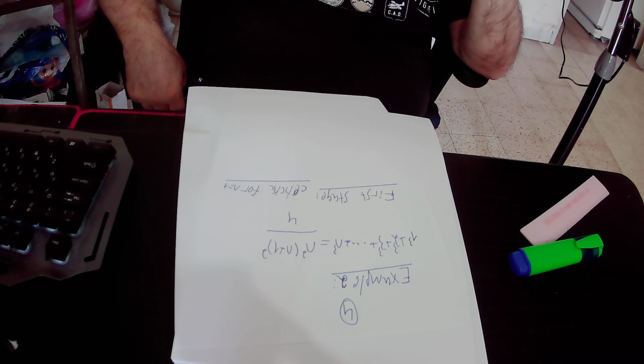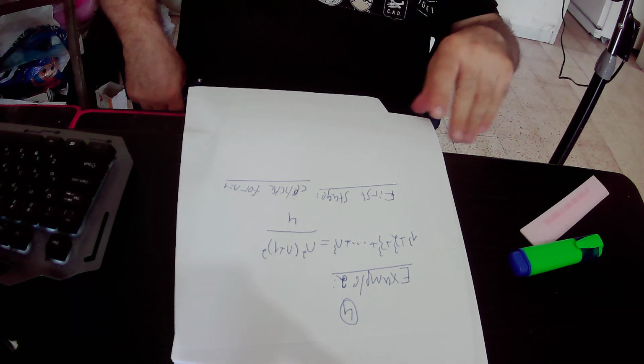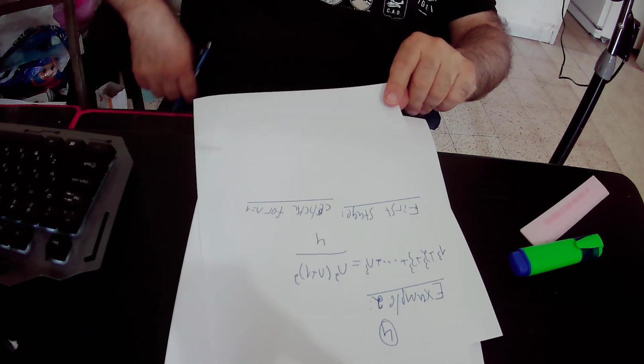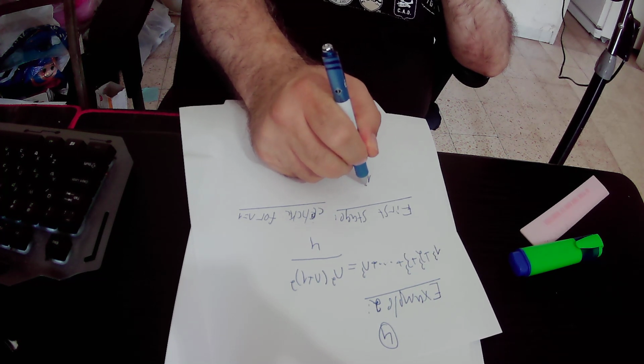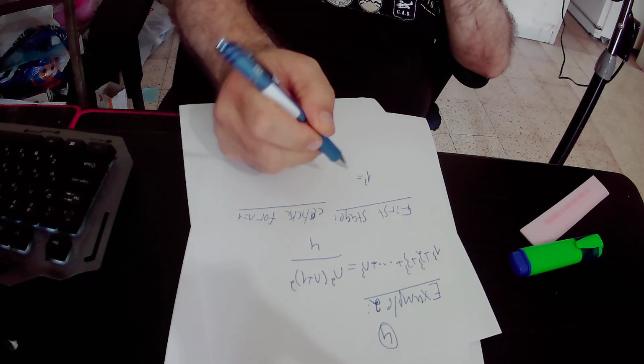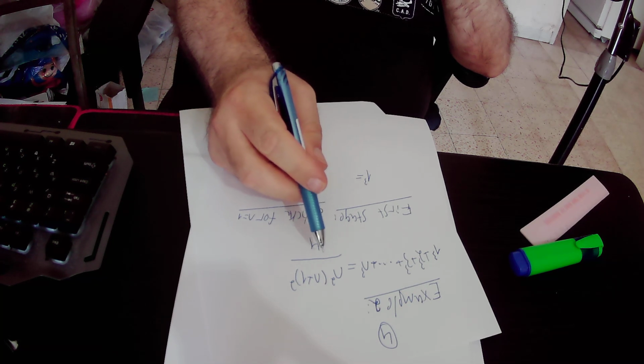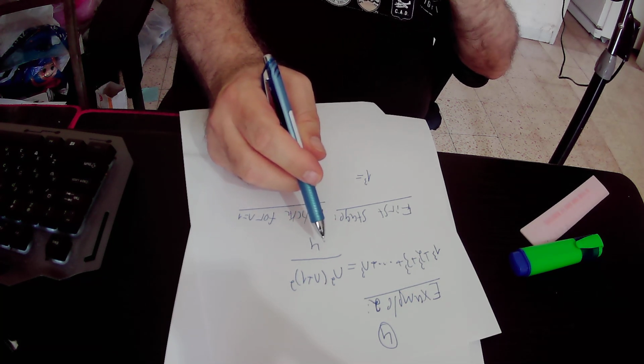Okay, so if n equals 1, on this side of the equation we have 1 to the power of 3, equals n squared times (n plus 1) squared divided by 4.